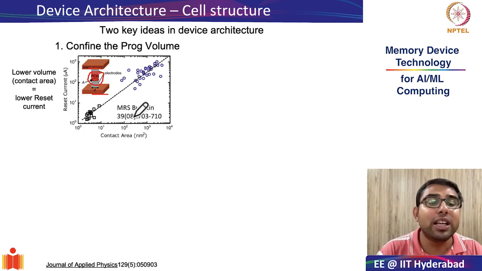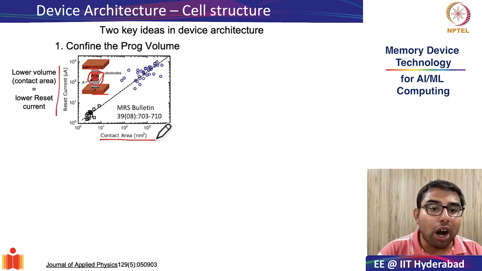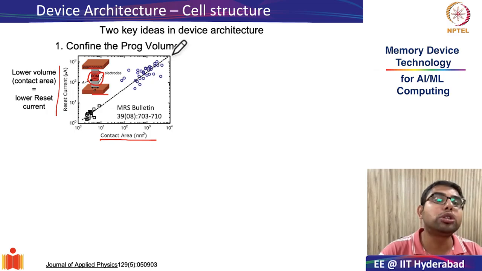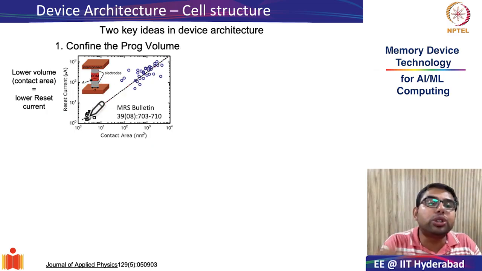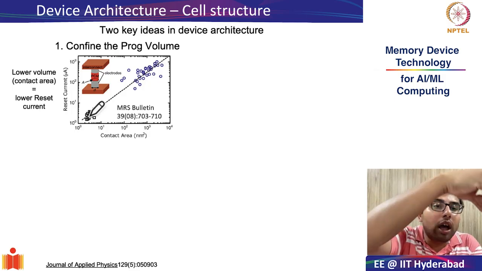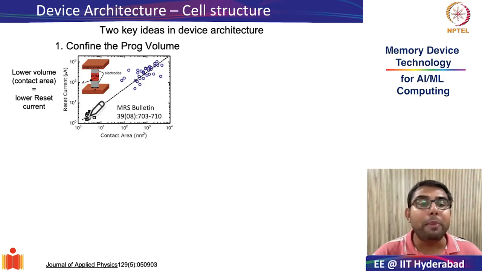And as can be seen in this very nice illustrative graph, you have a clear correlation between the contact area and the reset current. As contact area reduces by orders of magnitude, even the reset current reduces by orders of magnitude, almost by a linear function. So the idea is, can we reduce the contact area where the PCM material will be programmed?